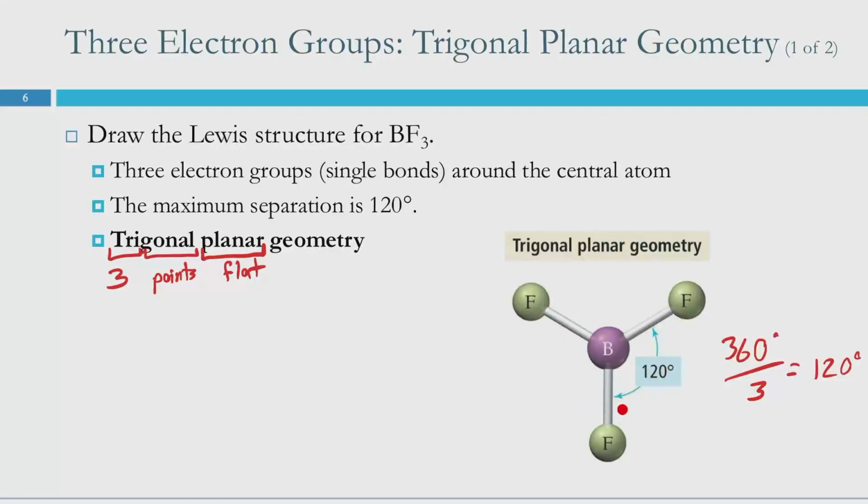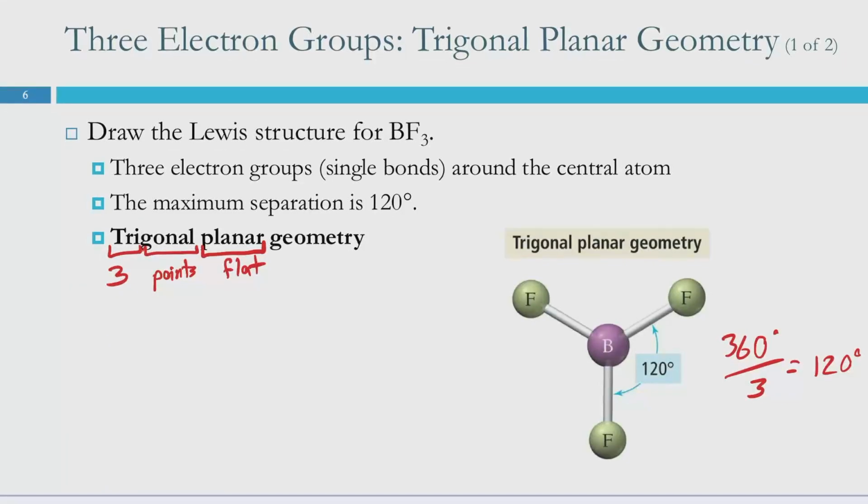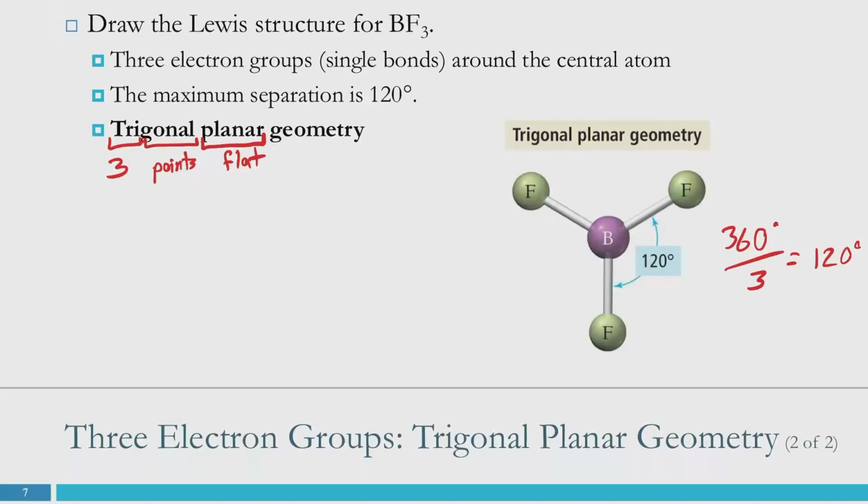This is assuming that they are all the same group. We'll talk about modifications to our bond angles later. But our bond angle for a trigonal planar geometry, where it's flat in the plane of the board, this is as separated as they can be, and they're going to have 120 degree separation.